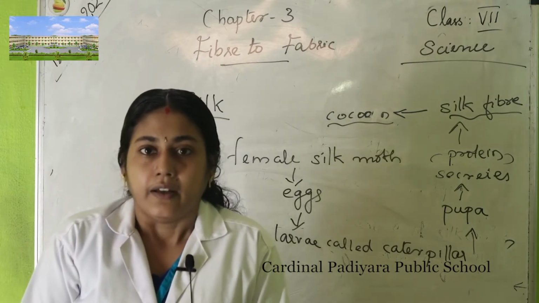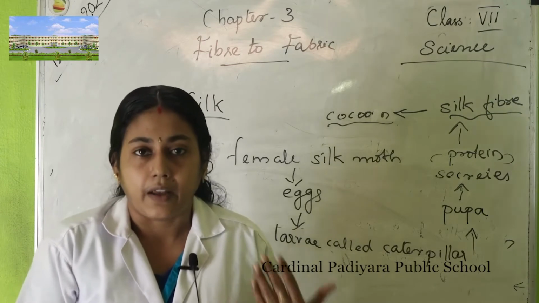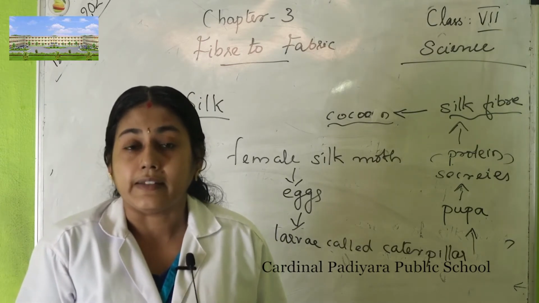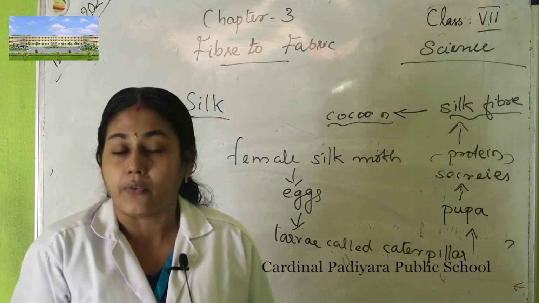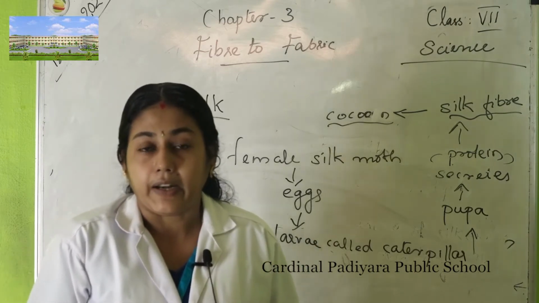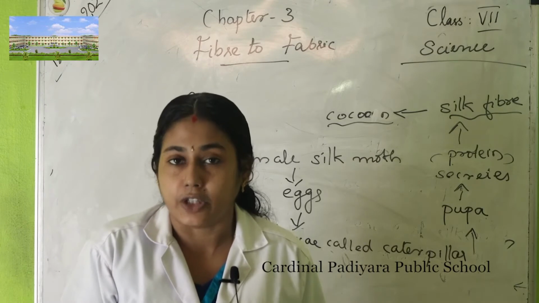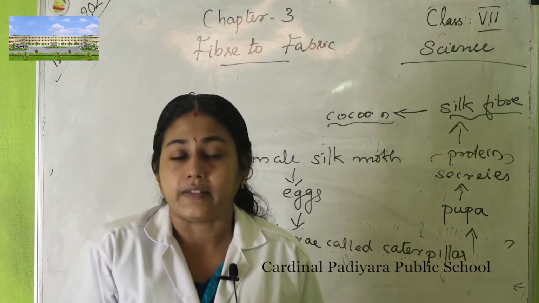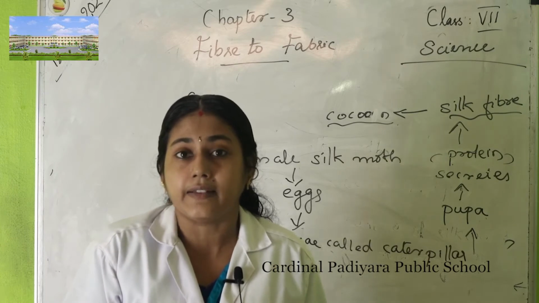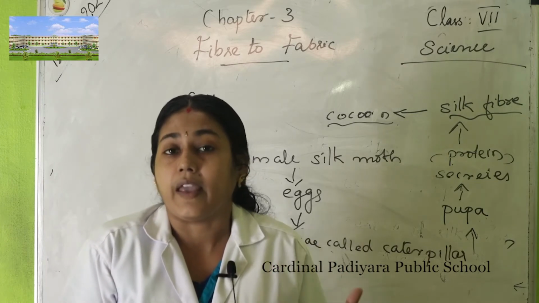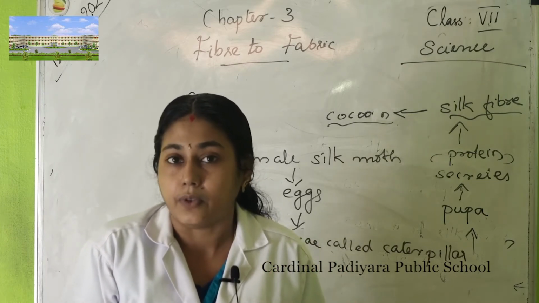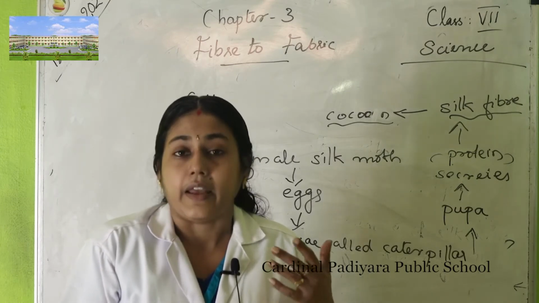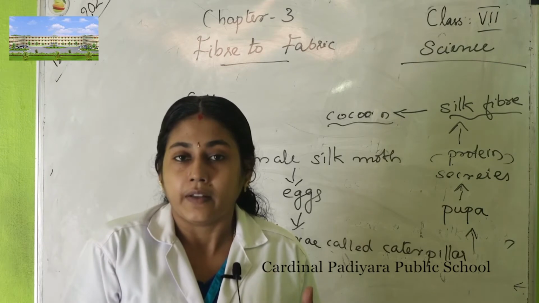Once again, listen to the life cycle of the silk moth. First, the female silk moth lays hundreds of eggs under mulberry leaves, and the eggs hatch into larvae or caterpillars. When the caterpillar reaches a certain age, it starts to weave a net around itself to hold it, and this stage is called a pupa.